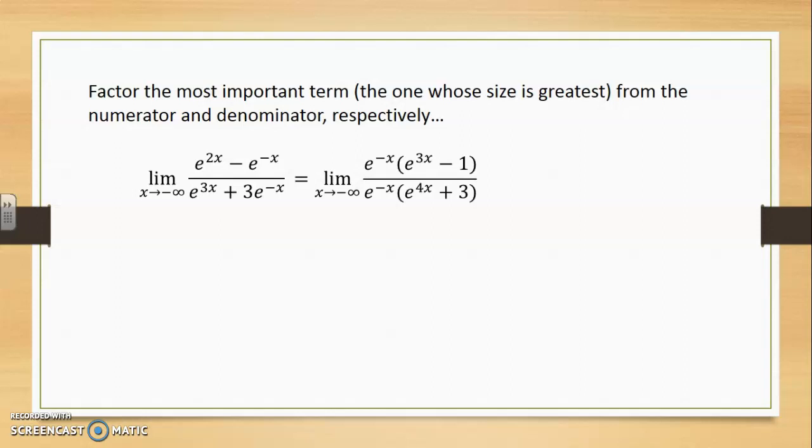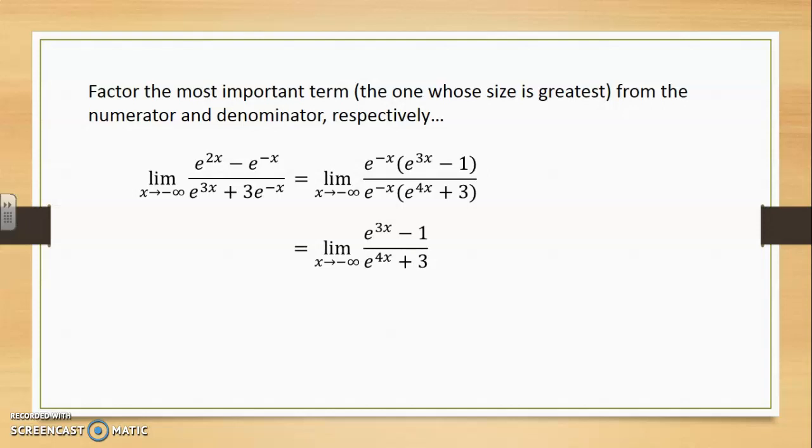Again, redistribute e to the minus x to both the top and the bottom if you want to validate that this was done correctly. E to the minus x are now common to the top and bottom and can be eliminated. And we're ready to do direct substitution again.